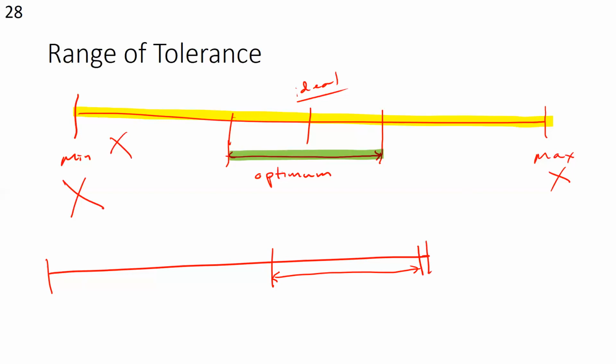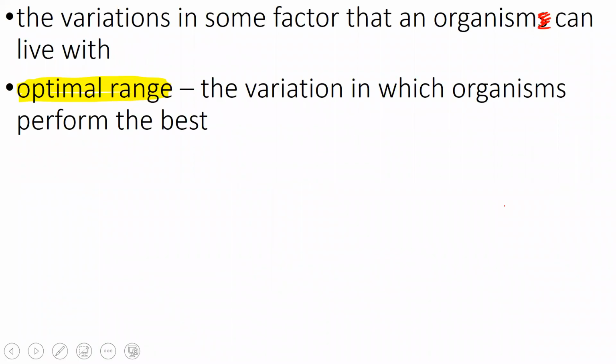I mean, corn plants do best in the kind of weather that we can hardly tolerate and are heading as soon as possible for the air conditioner. So the optimum range is the variation in which organisms perform the best, and it varies from organism to organism.